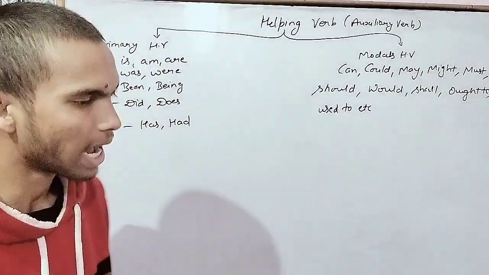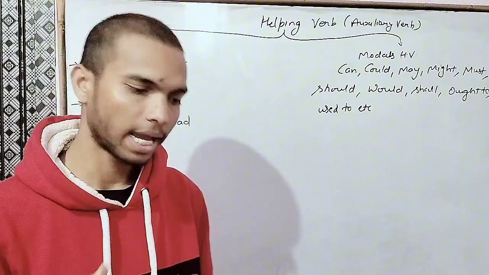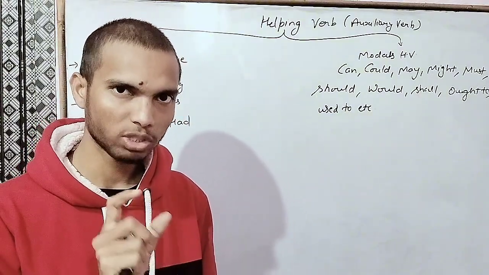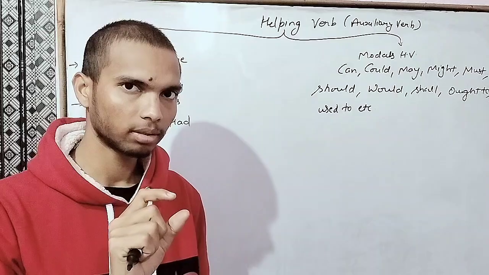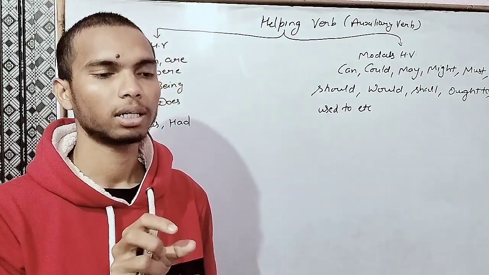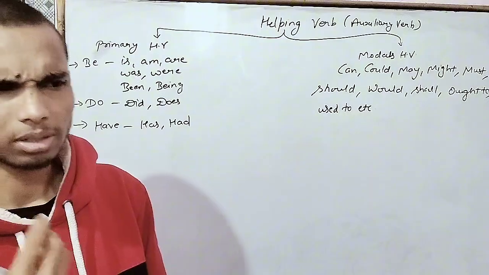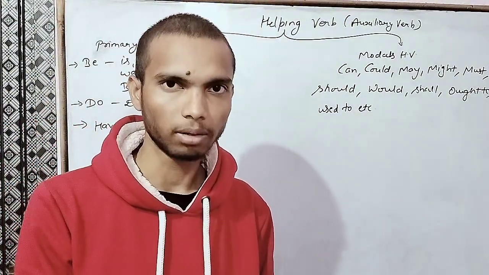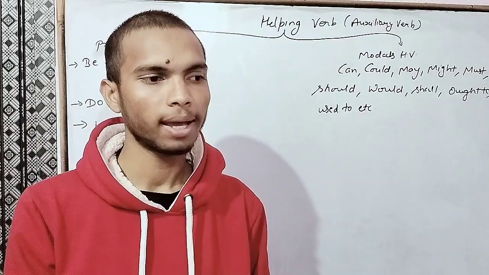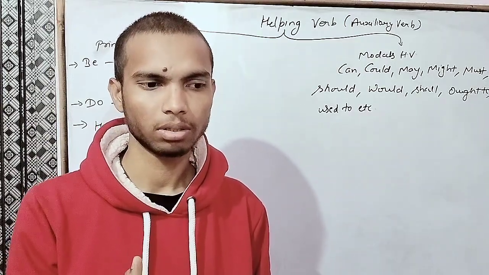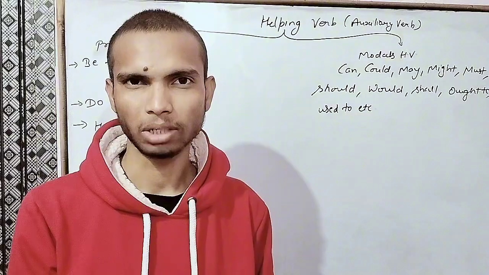Sometimes we say, I can read 10 pages. So can is a modal, a helping verb, but this is a modal auxiliary verb. And after an auxiliary verb comes the main verb.